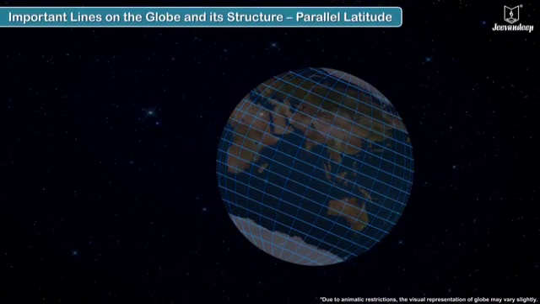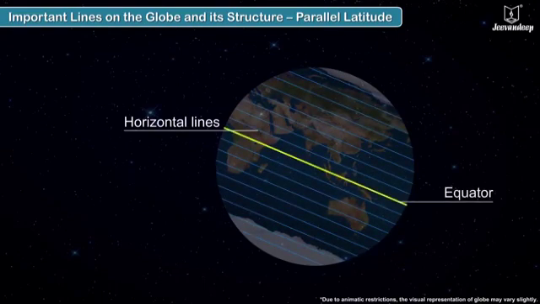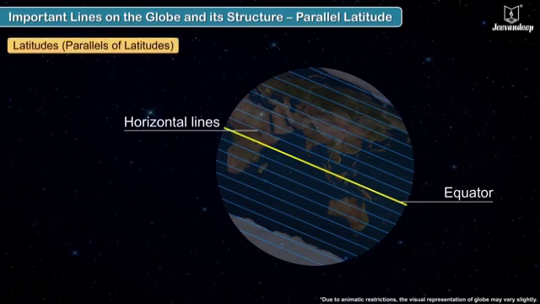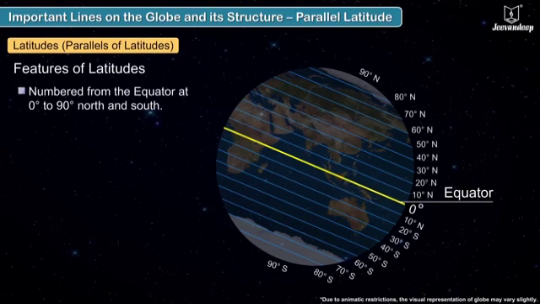Parallels of latitude. When we look at a globe, we find horizontal lines drawn on it running parallel to the equator. These are called latitudes or parallels of latitudes. Some important features of latitudes. Latitudes are numbered from the equator at 0 degree to 90 degrees north and south.